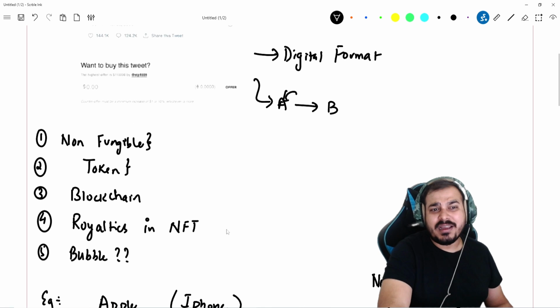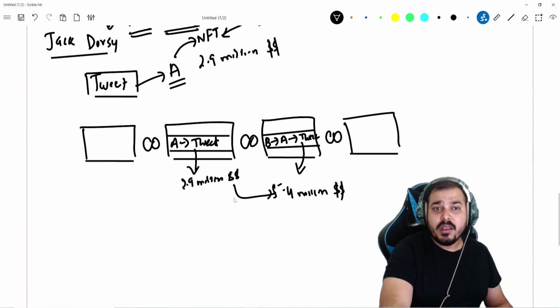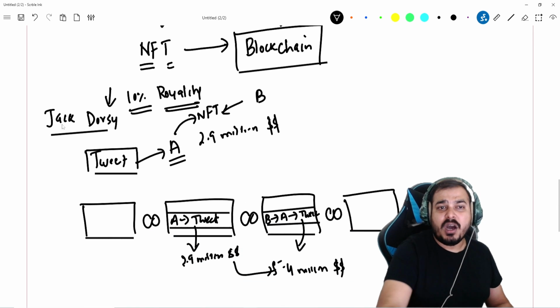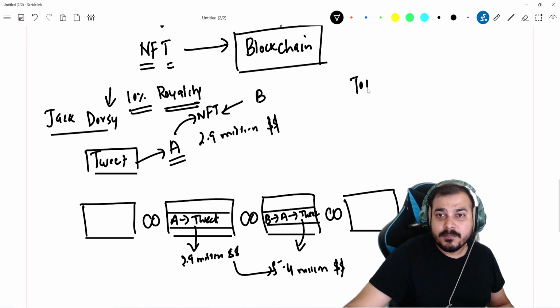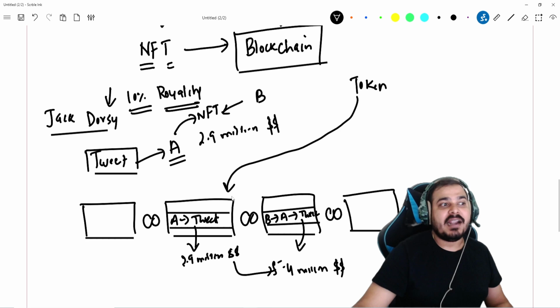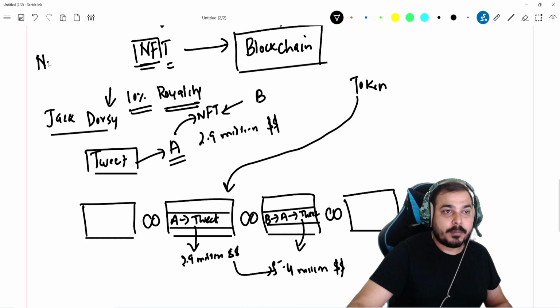Now, I hope you have understood what exactly is non-fungible. Why do we say token? Whenever we say token, that basically means we are tokenizing, we are saving that in the blockchain of the non-fungible thing. That is non-replaceable.